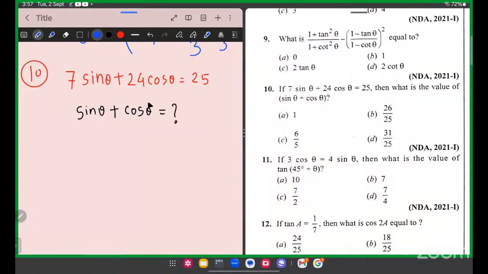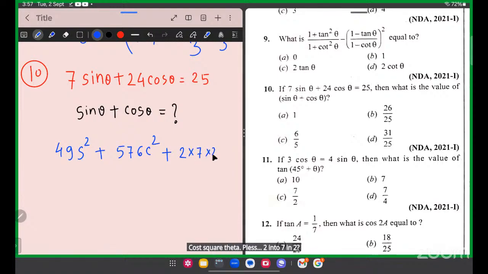See, what we can do, we can take square on both sides. So what will we get? 49 sine square theta plus 576 cos square theta plus 2 into 7 into 24 sine theta into cos theta is equal to 625, right?